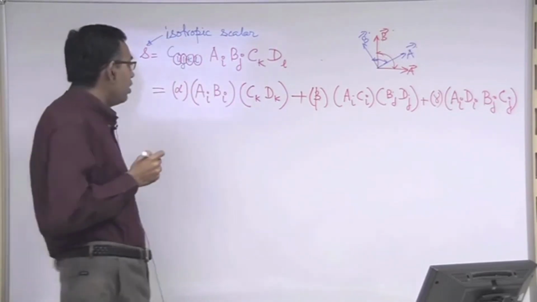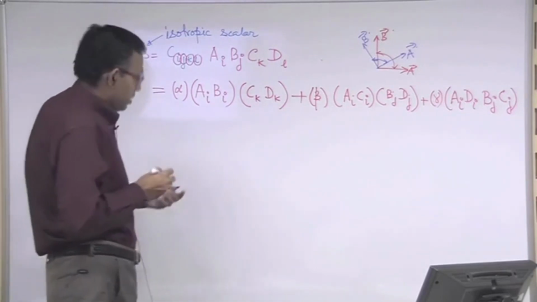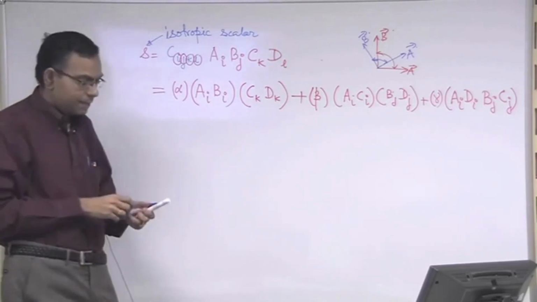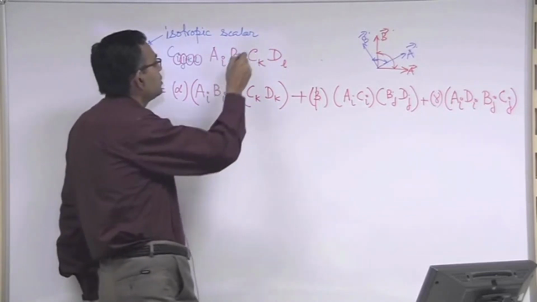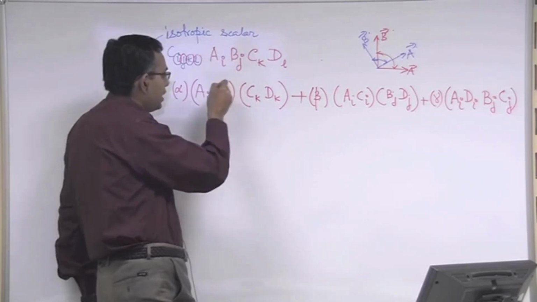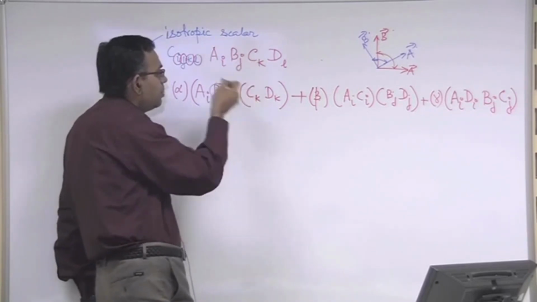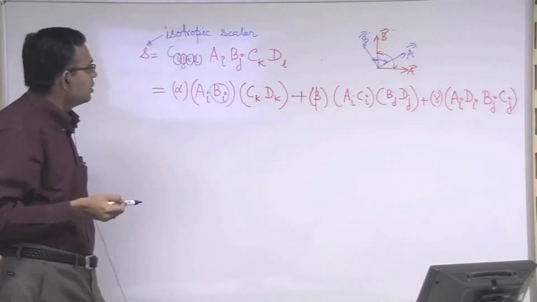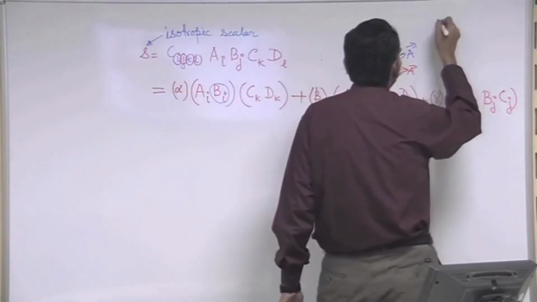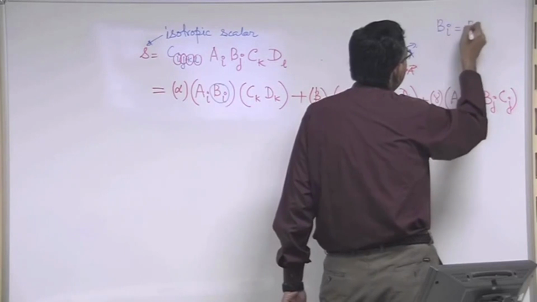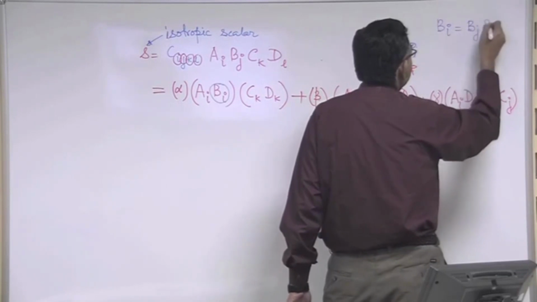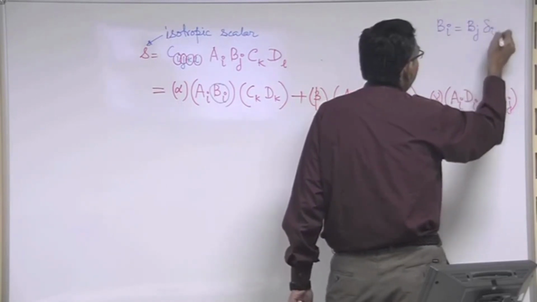Okay. Now the next step is a little bit of algebraic manipulation. Here in the left hand side you see you have Bj, but here you have Bi. To make the left hand side comparable with the right hand side, we can use the Kronecker delta, so that you can write Bi is equal to Bj into delta Ij.